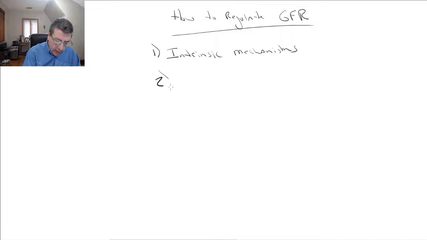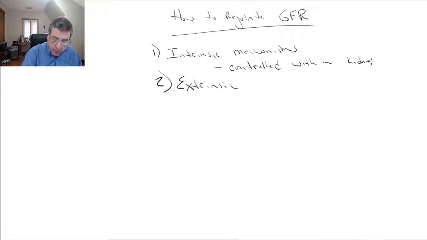The second way that we're looking at on this one is going to be extrinsic. Let me add to the intrinsic: controlled within the kidney. Okay. Extrinsic are those factors outside of the kidneys controlling the kidney.